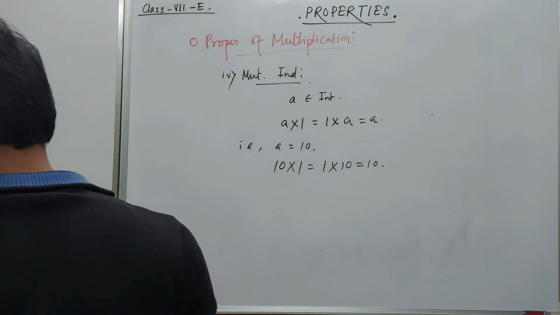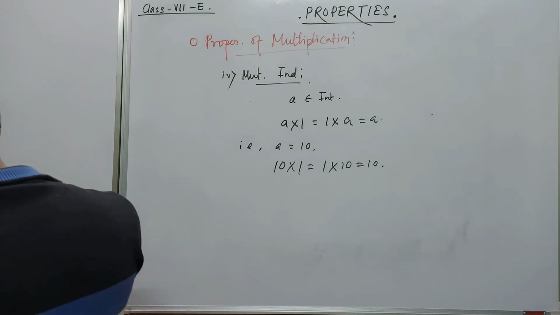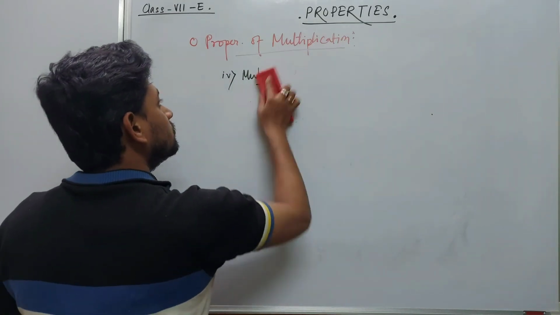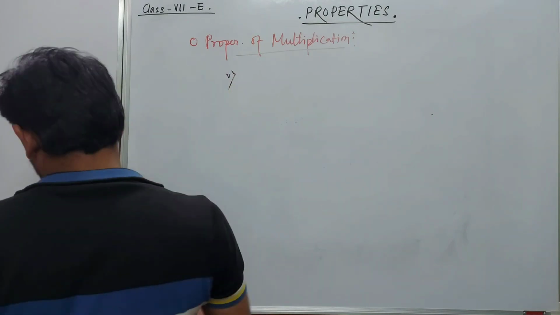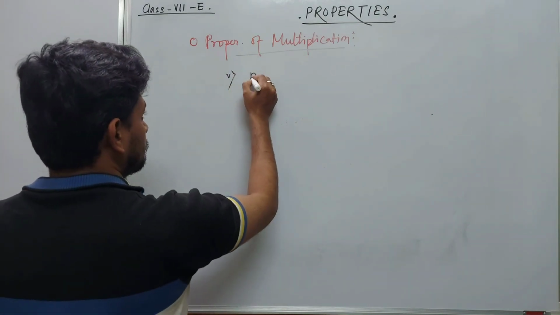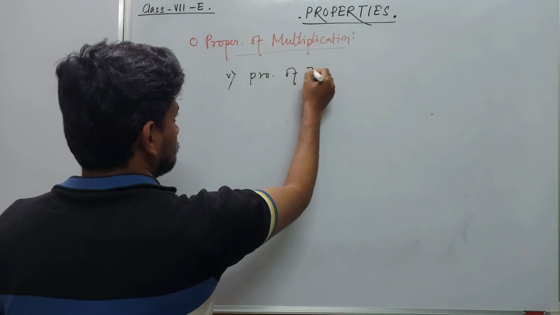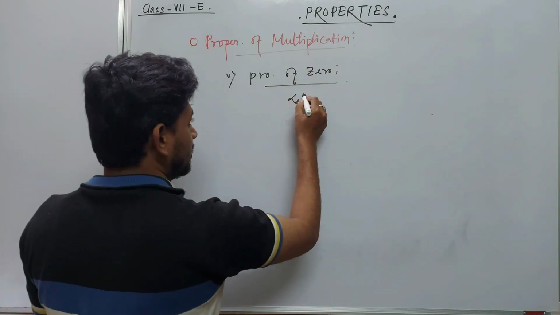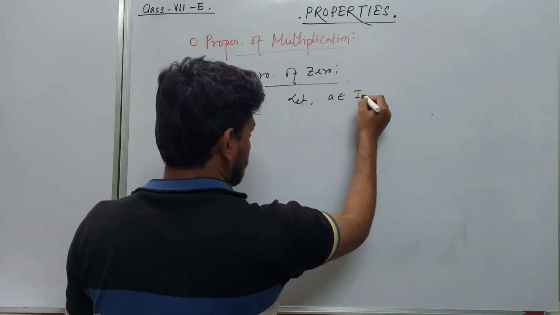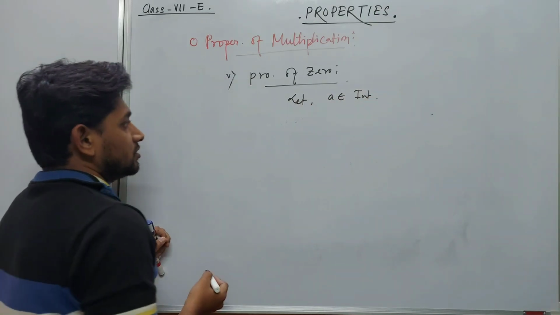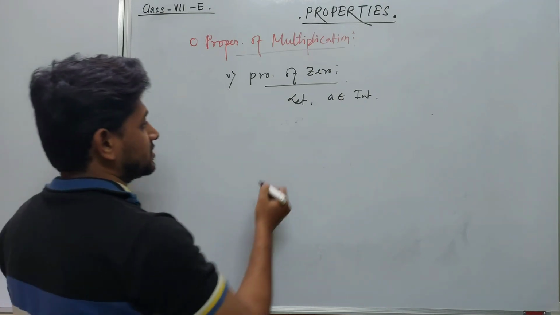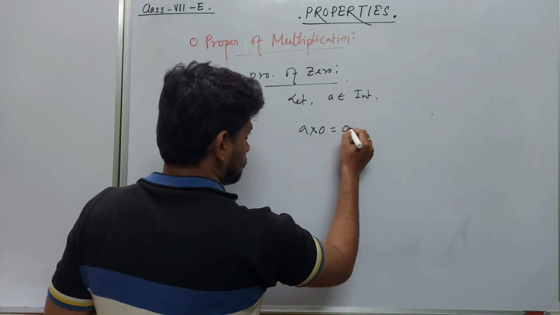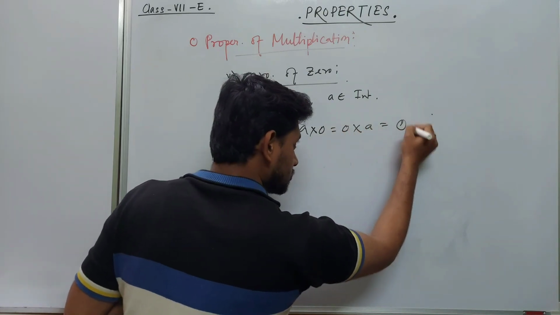Next, property of 0. What is property of 0? Let A belong to integers, then the property of 0 says that A into 0 equal to 0 into A equal to 0.